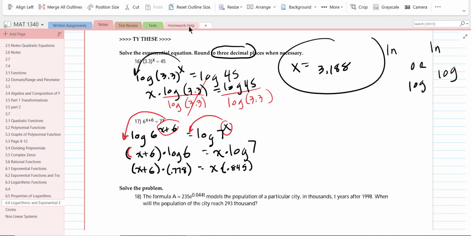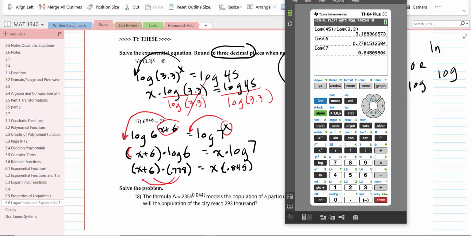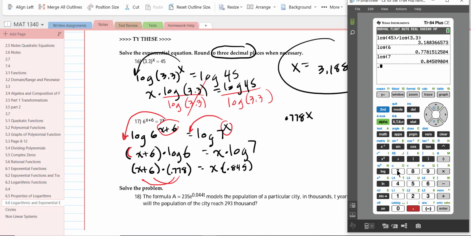Now what I'm going to do is a distributive property. Okay, so when I do that, I'm going to have 0.778x. Then I'm going to take the 0.778 times 6. Whoops, I think I got an extra decimal in there. So I'm going to do 0.778 times 6.